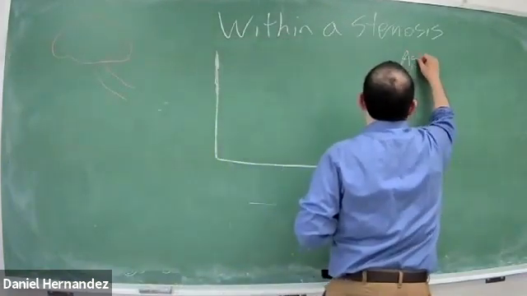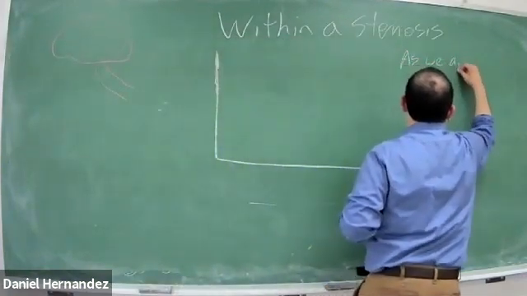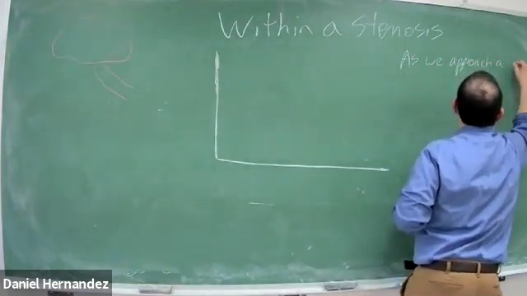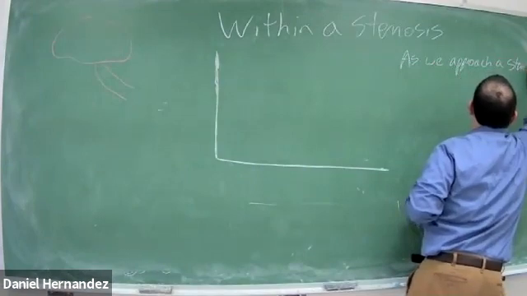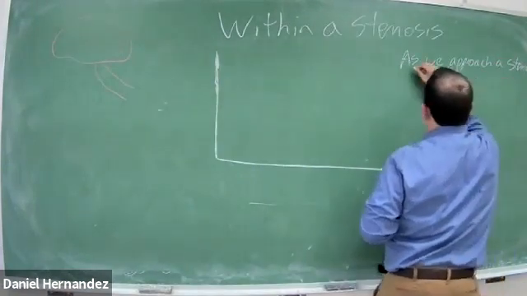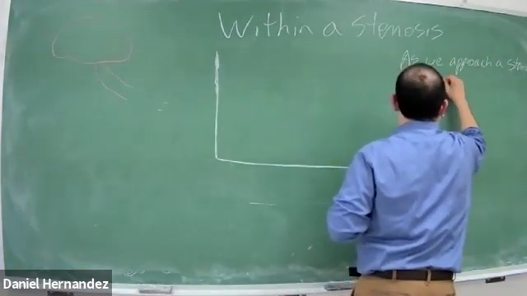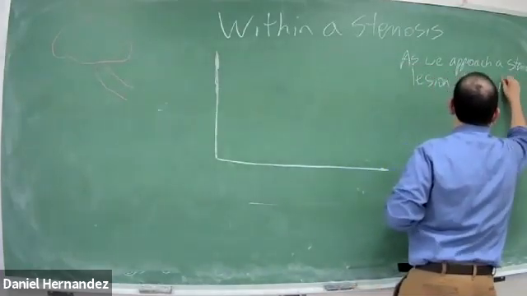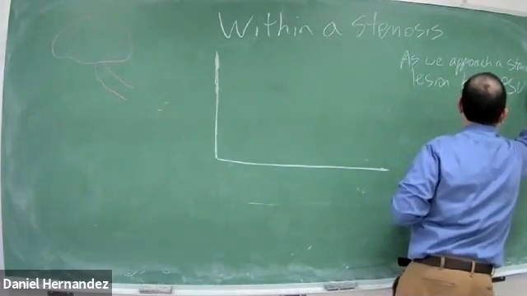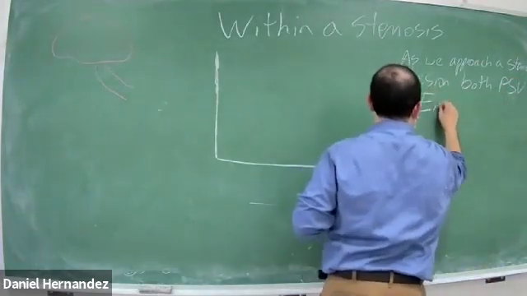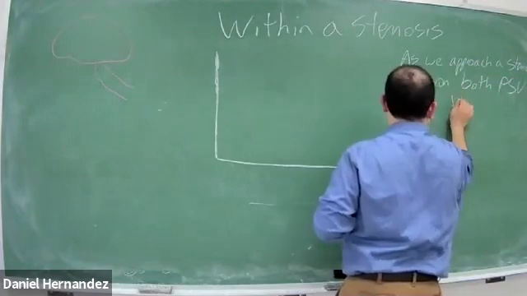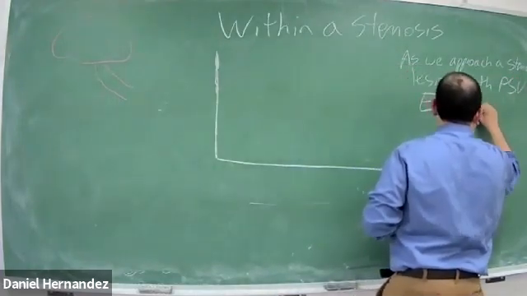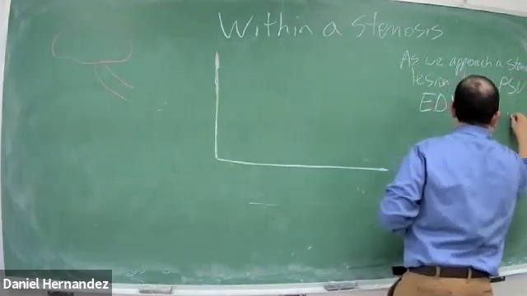As we approach the stenotic lesion, both peak systolic velocity and end diastolic velocity, EDV, will increase.